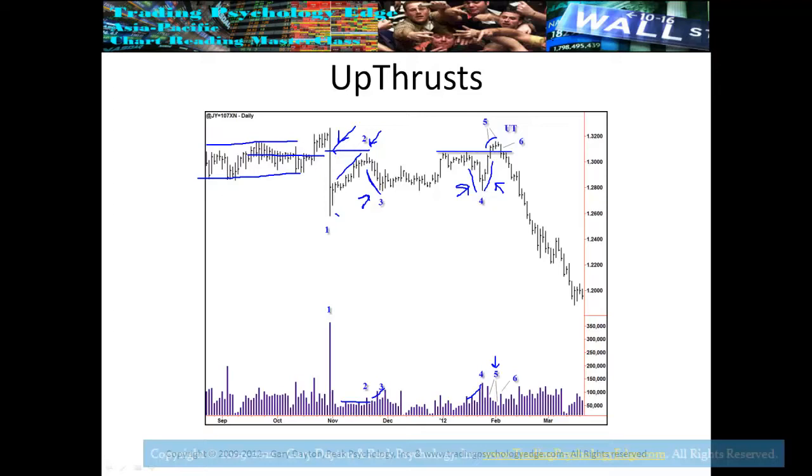and then as we break underneath on this upthrust on bar 6, we pick up volume. That's pretty nice. And look at the response we get. You get a little no demand thing here, but that's about it. So why is the upthrust so good?